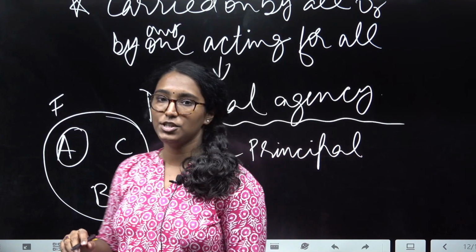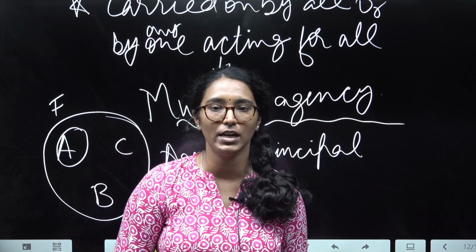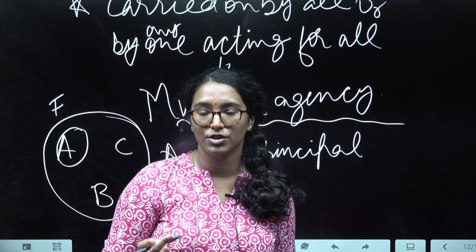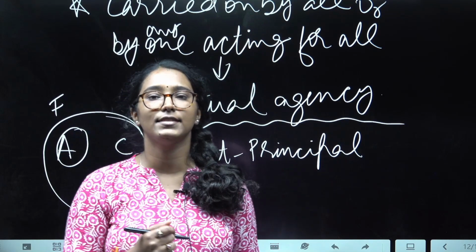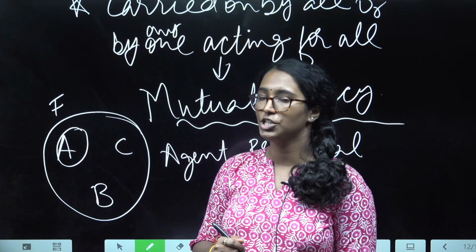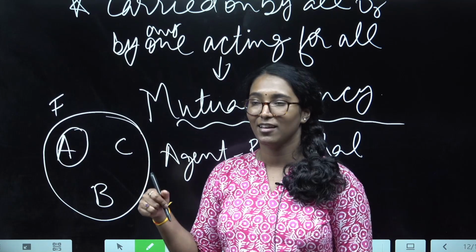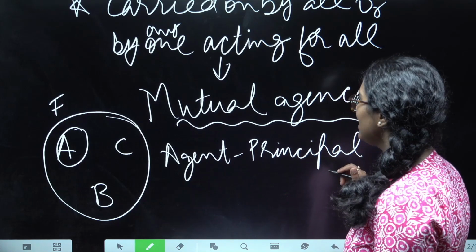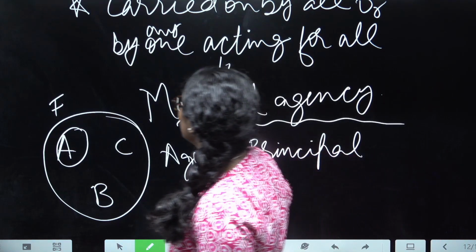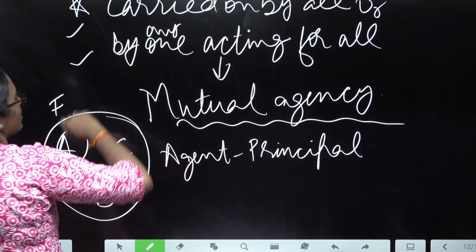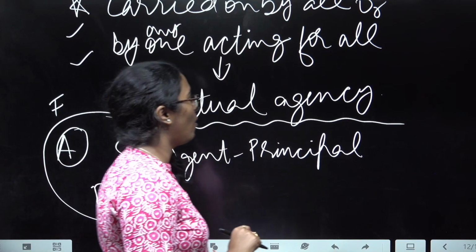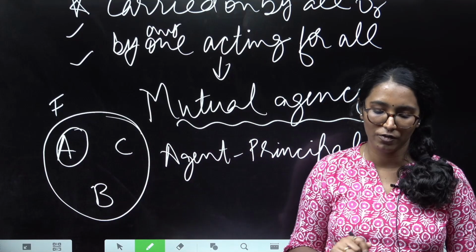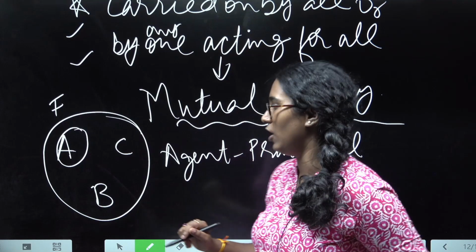When the partners share the relationship of principal and agent among themselves, they are said to have the relationship of mutual agency. They are agents of each other. This is the last and the final essential ingredient, which is that the business must be carried on by all or any one of them acting for all.